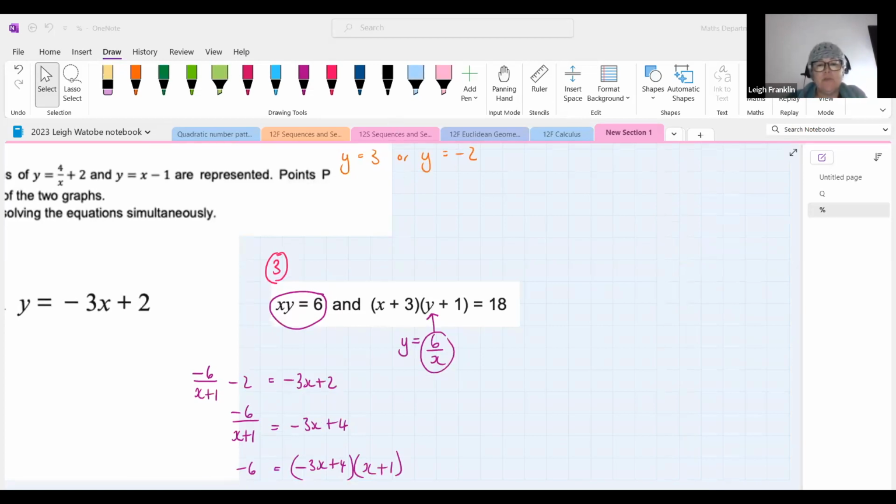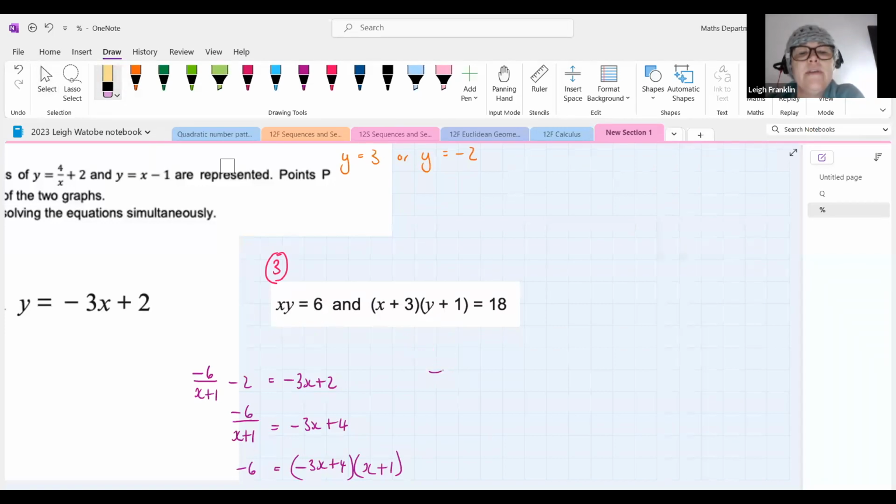I don't know if you guys were listening. It's obviously difficult to work and listen at the same time, but if you were given a situation like this, where you've got xy equals 6, and then x plus 3 times y plus 1 equals 18, the best thing for you to do here is to work with the equation on the left, make y the subject of the formula, or x, it really doesn't matter, and y would be equal to 6 over x.